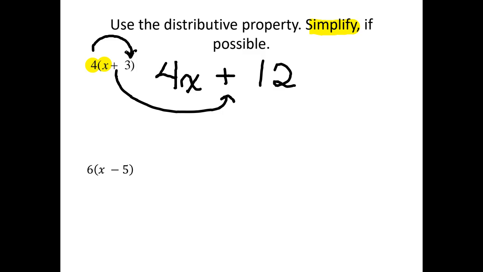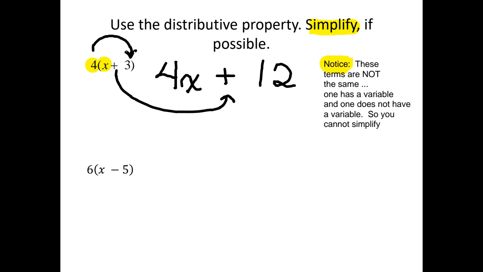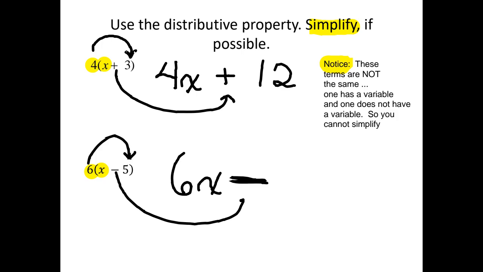Now, just like this, I have a 6 times an x. Well, I got a minus in the middle, so this will give me 6x. Here comes the minus sign. Now, 5 is multiplying by, or 6 is multiplying by 5, which is giving me 30.